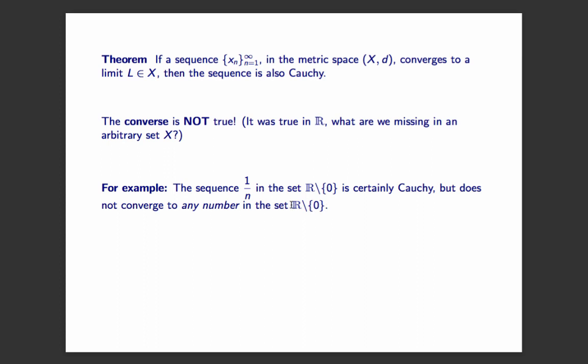However, with this set, I do have a metric, the absolute value of the difference. I can use my old-fashioned metric. I have a metric, I have a set. I've got a metric space, but my metric space has a hole in it.